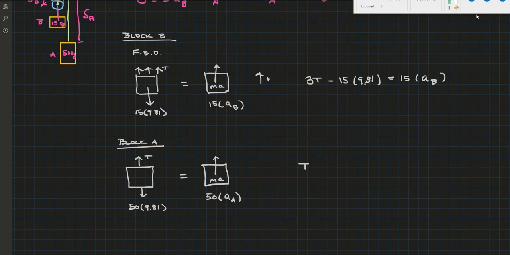We've got T minus 50 times 9.81 equals 50 times the acceleration of A.